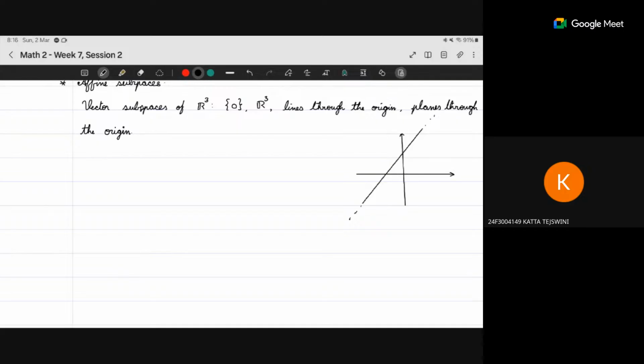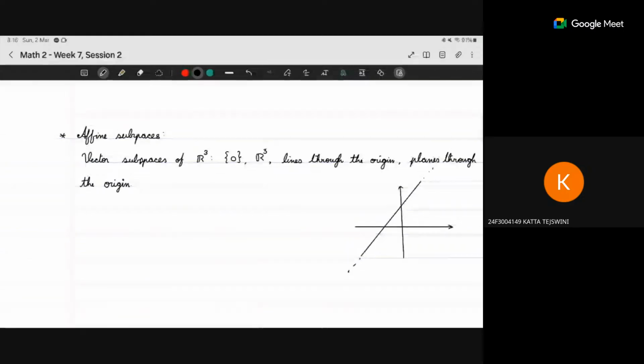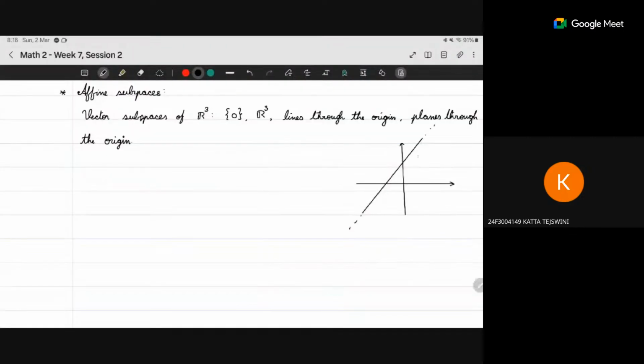The bigger set which accommodates such examples also, like lines not necessarily passing through the origin or planes not necessarily passing through the origin, is that of affine subspaces. Let us say this line is given by y is equal to x plus 1. This is a slope 1 line with the equation y is equal to x plus 1.